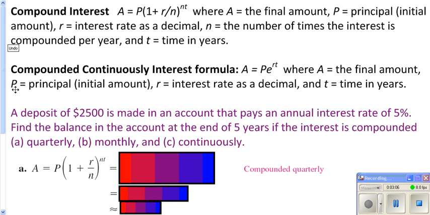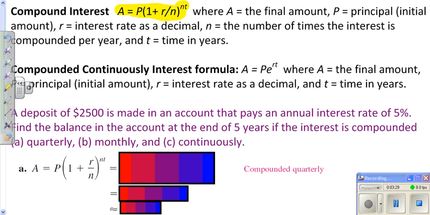Well, here, this is just reviewing our stuff from pre-calc. So here we have our compound interest formula, where P is your initial amount, called your principal, r is your interest rate as a decimal, n is the number of times it's compounded per year, t is the number of years that your money is in the bank.